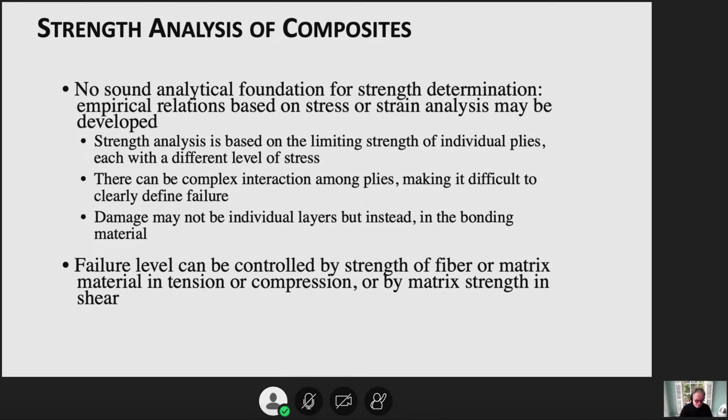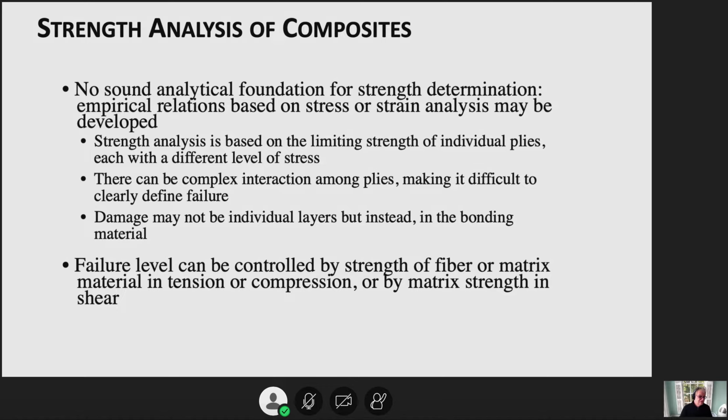Based on that, we also make an assumption that if the matrix breaks, this may not be the failure, and we wait for fiber failure. On top of that, if fiber failure occurs in one ply, we may say, oh, this is just the first ply failure, and unless other plies fail, nothing happens.